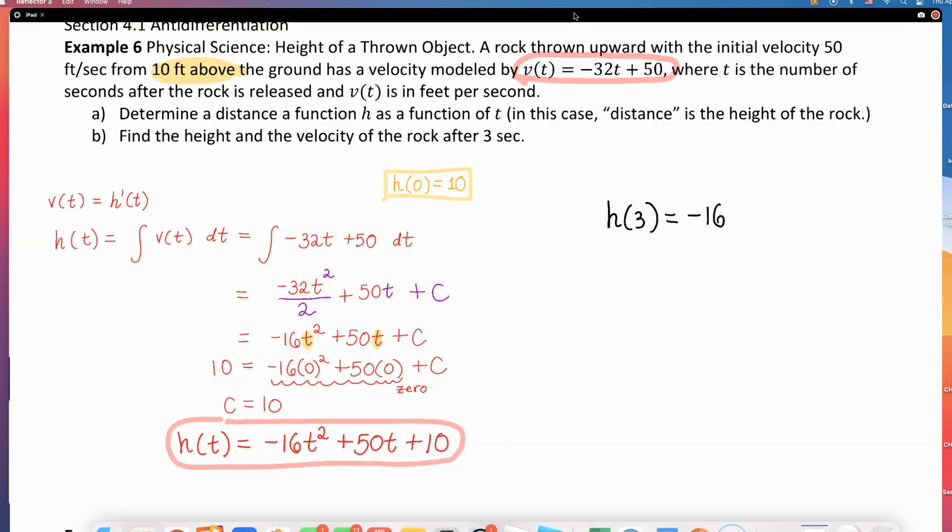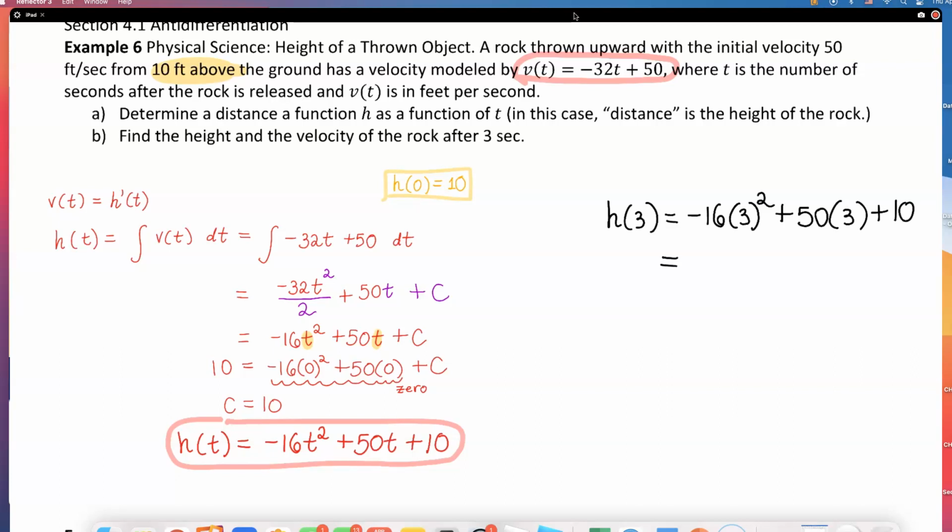Negative 16 times 3 squared, I'm plugging 3 into that h of t, plus 50 times 3 plus 10.